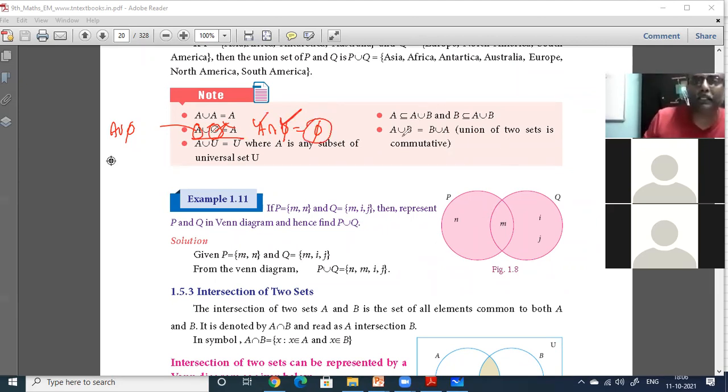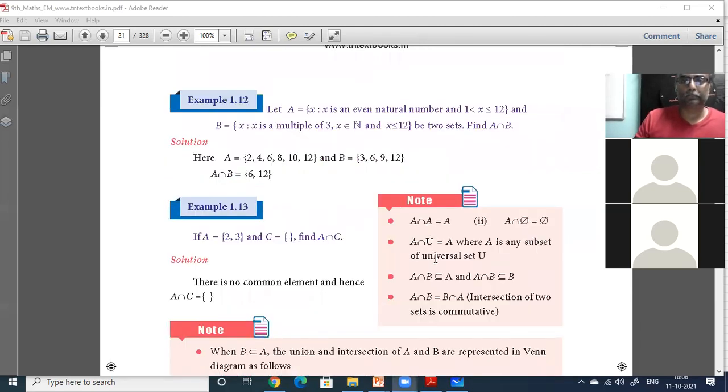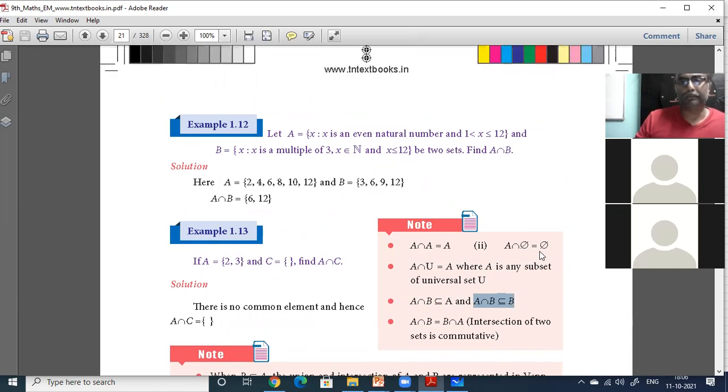Okay. Now the other thing, A union B is equal to B union A, commutative property. That is also you should remember. Then most important, A is a subset of A union B, and B is also a subset of A union B. Okay. In intersection, what we found out? A intersection B is a subset of A, and A intersection B is a subset of B. Okay.